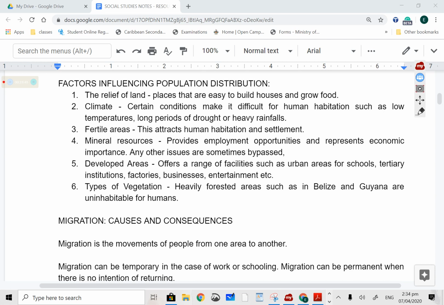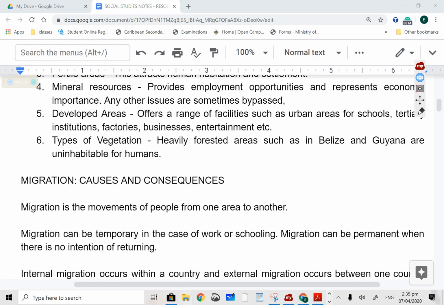Because of the amenities and because some people would want to live a certain standard of living, they move from rural areas to sometimes urban areas, okay, in order for them to access these amenities. Now, types of vegetation: heavily forested areas such as Belize and Guyana are uninhabitable for humans. Okay, so you have that issue as well.